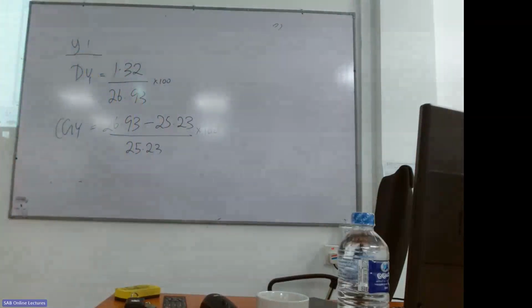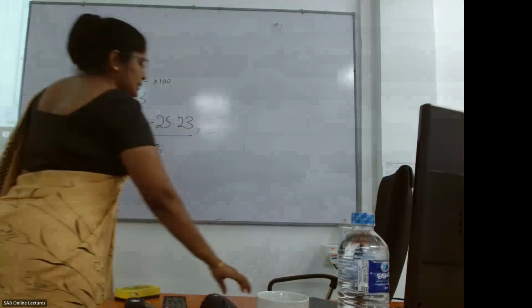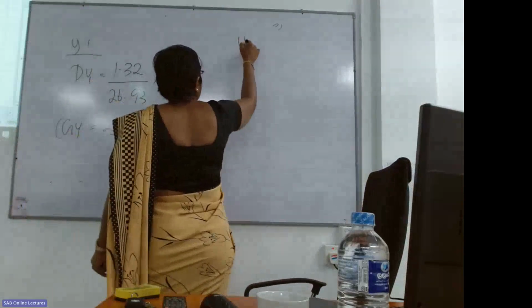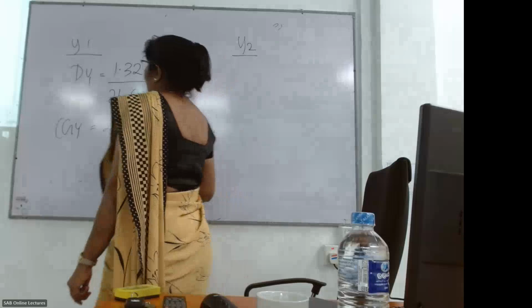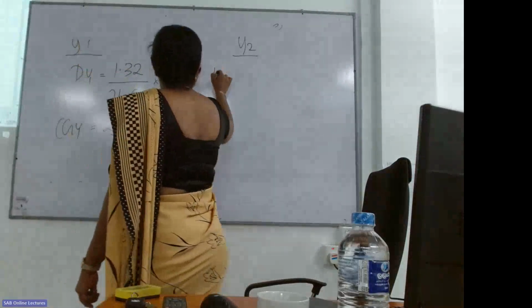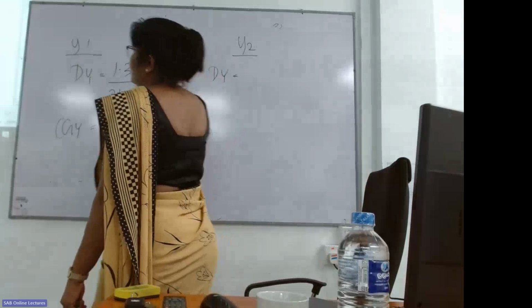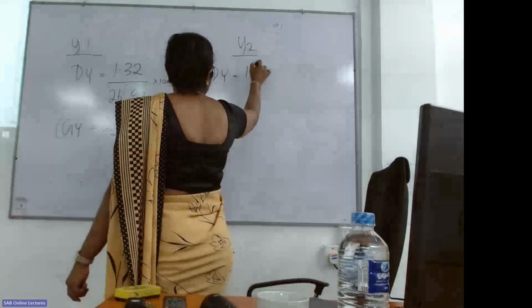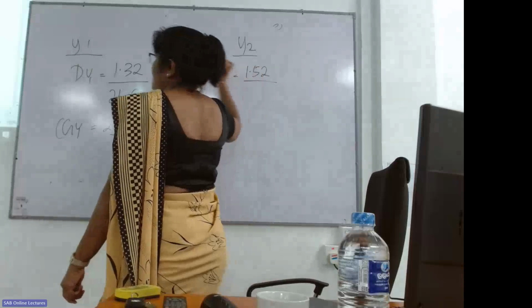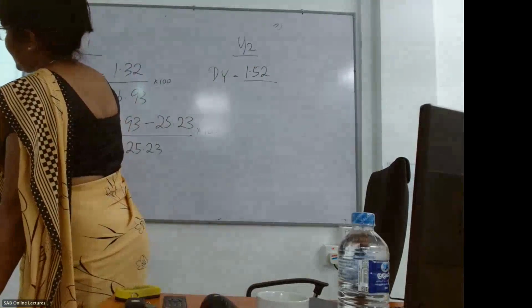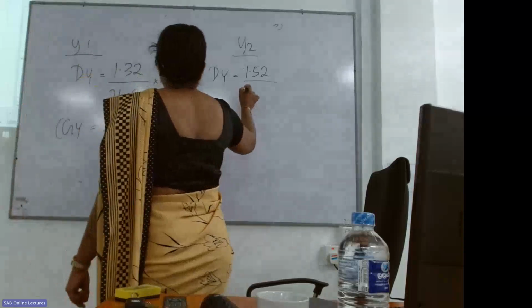That is the dividend yield and the capital gain yield for year 1. Now year 2. Dividend yield is equal to the year 2 dividend, 1.52, divided by the year 2 price, 28.64.